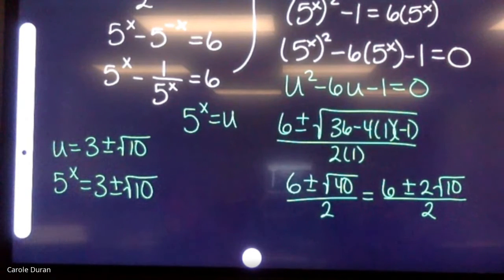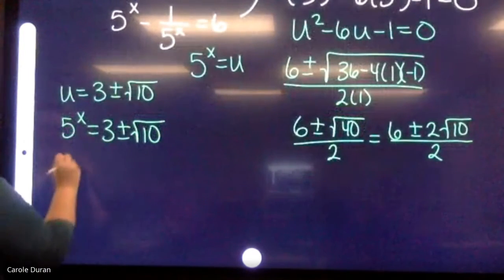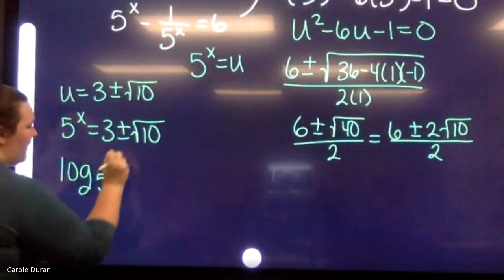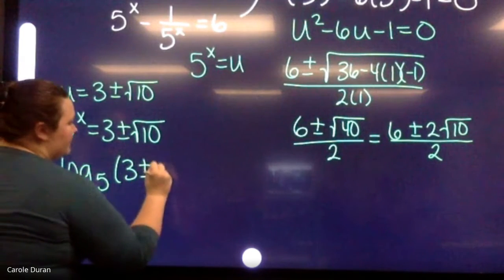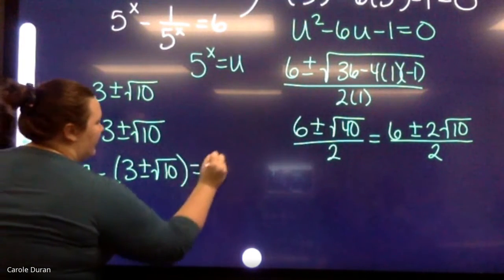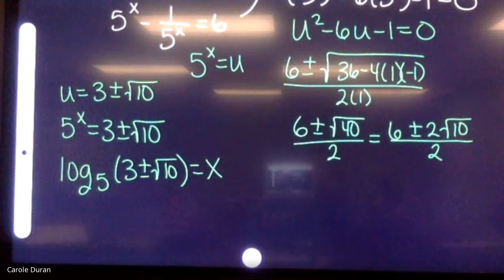And I can rewrite that as what to solve for x? What can I rewrite any exponential function as when it looks like this? A log. So now this is the same as log base 5 of 3 plus or minus the square root of 10 equals x.